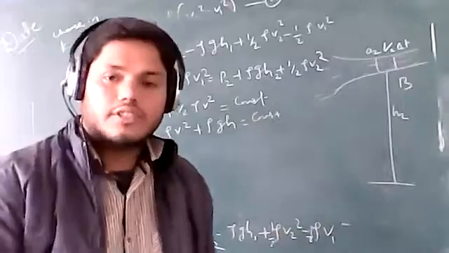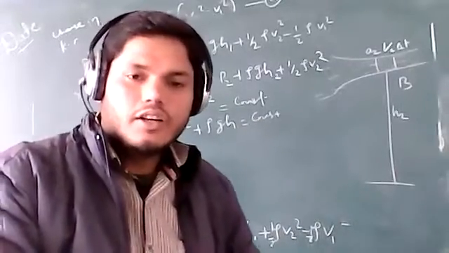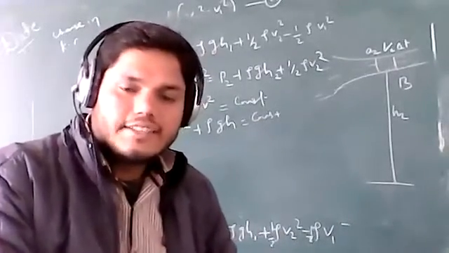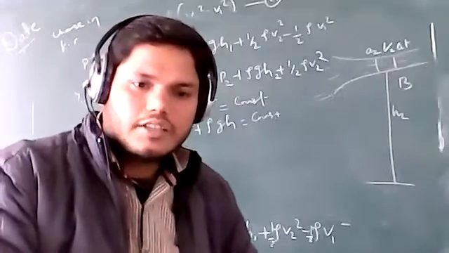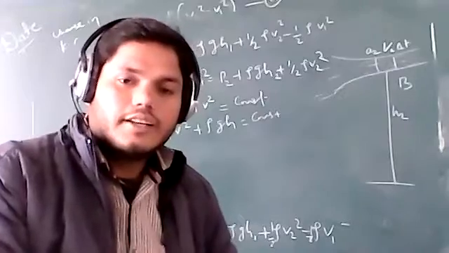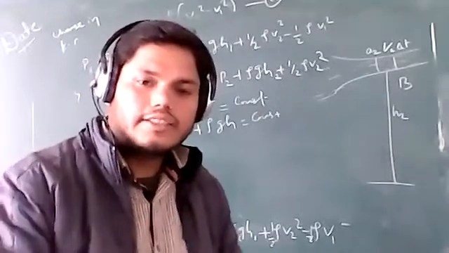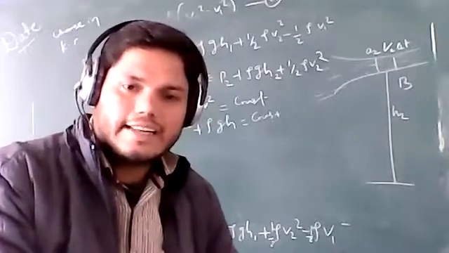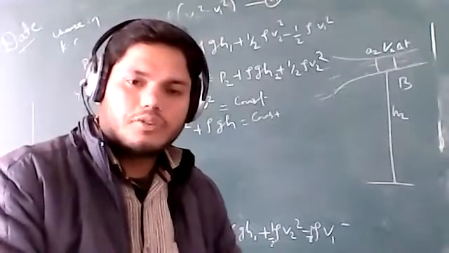So what is the procedure to prove the Bernoulli theorem? First of all, you have to find the net change in kinetic energy. Then you have to find the change in potential energy. Then you also have to find the net work done. Then you equate the net work done to the change in potential energy plus the change in kinetic energy. Then you can get the equation for the Bernoulli theorem.